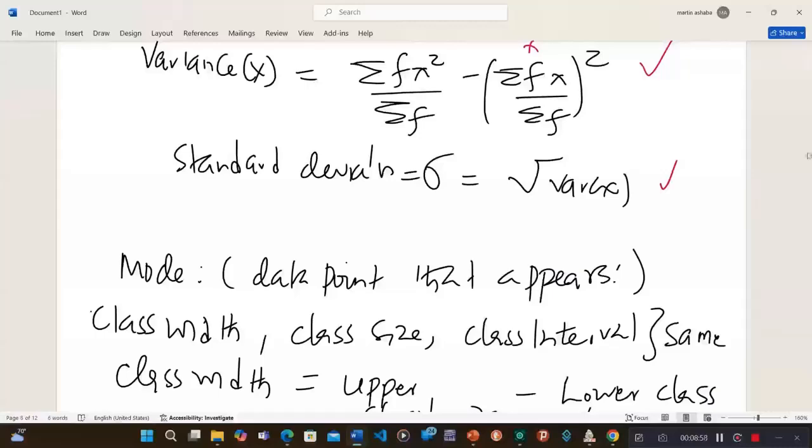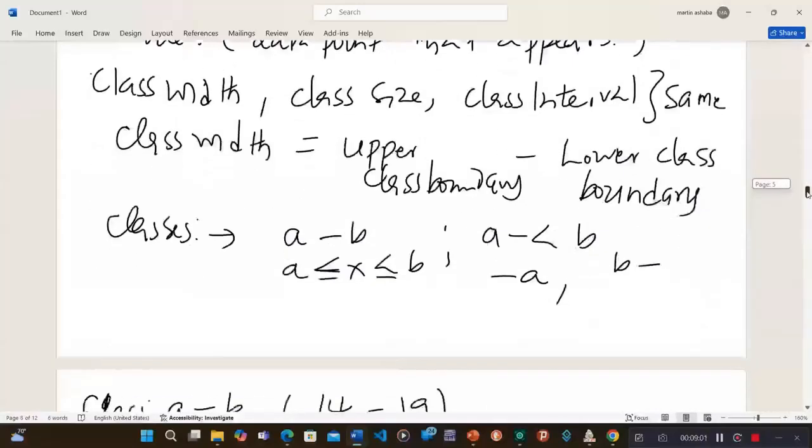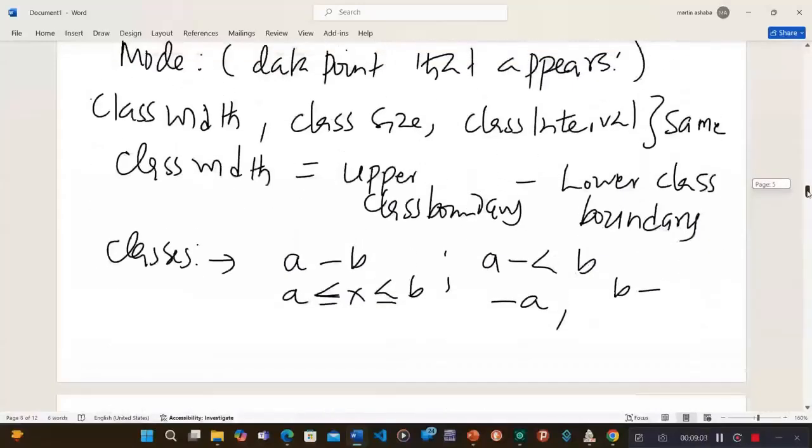What is mode? Mode, we said, is the data point that appears most, and we shall need to first understand the class width, class size, class interval, which are the same, and it's what will build our concept of determining mode. We have different classes, for example, a data point to another data point.